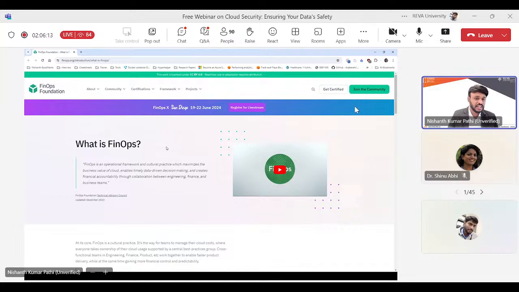Let's say I'm from a computer science, IT background. Just to tell you, based upon your background, the cloud path will change. For example, let's say you are a person who has completed your master's or bachelor's in data science. Can I go ahead and make a journey in the cloud?